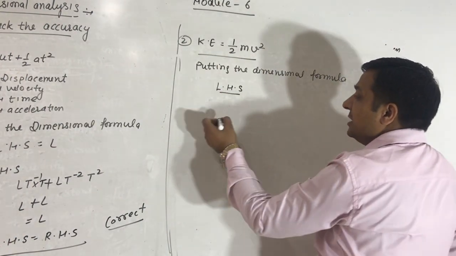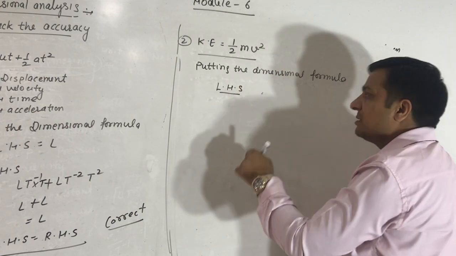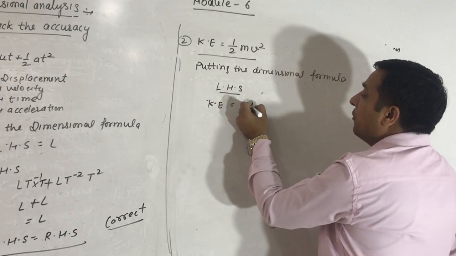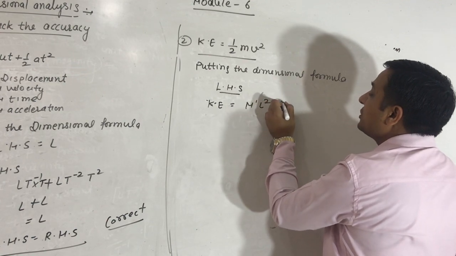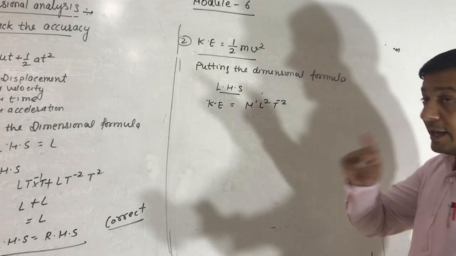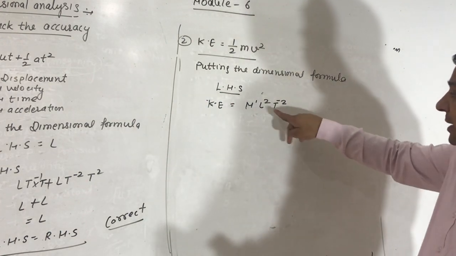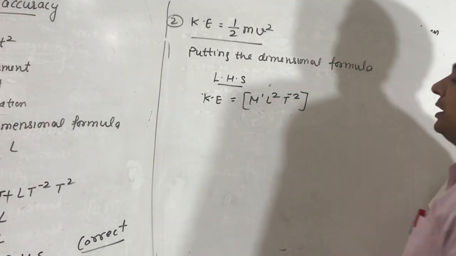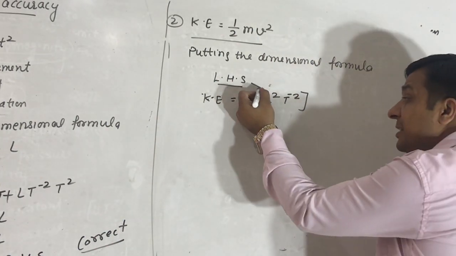Kinetic energy is work, force into displacement. Force is M1 L1 T minus 2, displacement is another L. Then the kinetic energy formula is M1 L2 T minus 2. This is the left hand side.